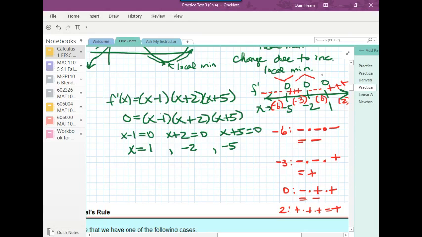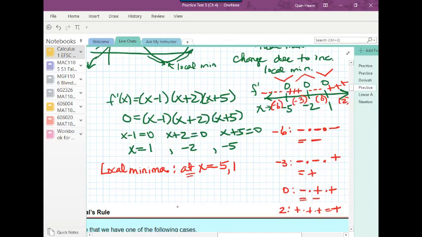Let me go ahead and fill in our positive on our last interval before I forget. Here we go. Okay, plugging in 0, we're going to get -1 times +2 times +5. Negative times positive, which is a negative. So on this interval, we have negatives between -2 and 1. And then the number 2, if we plug that in, we're going to get a positive. Positive times positive equals positive. So this interval is positive.